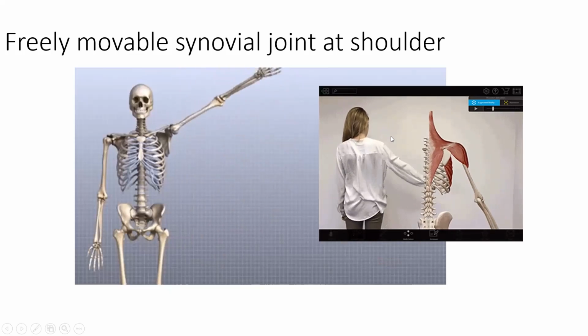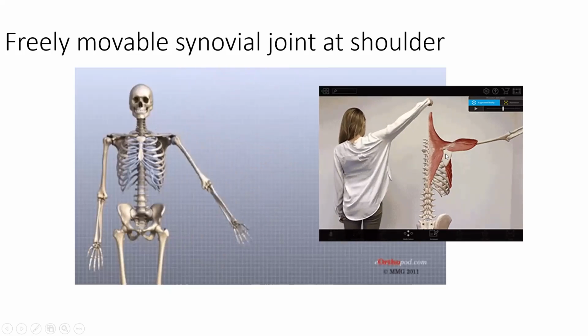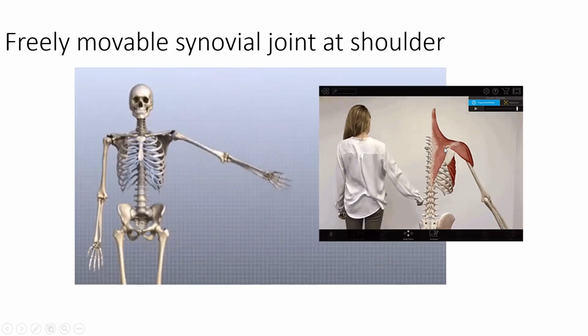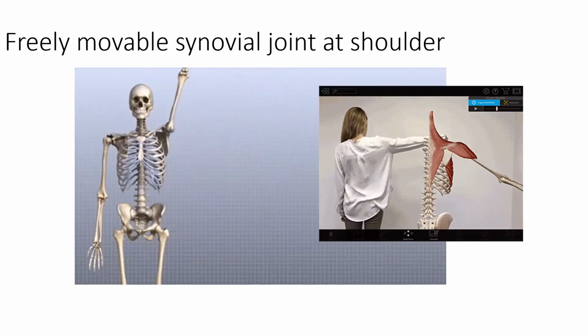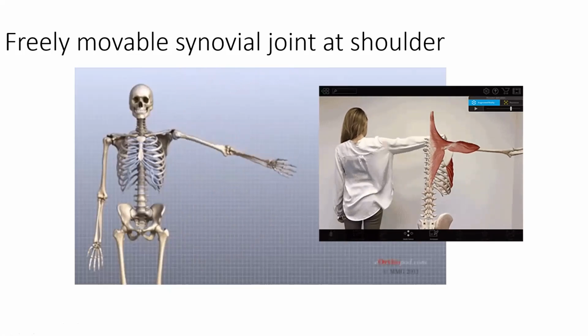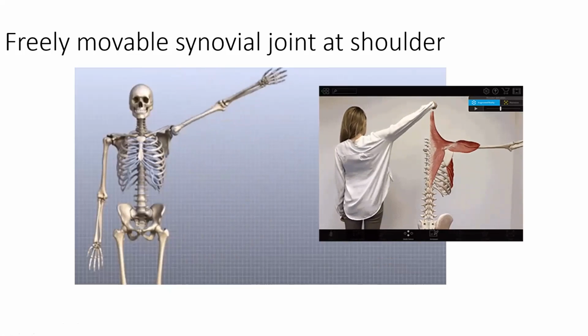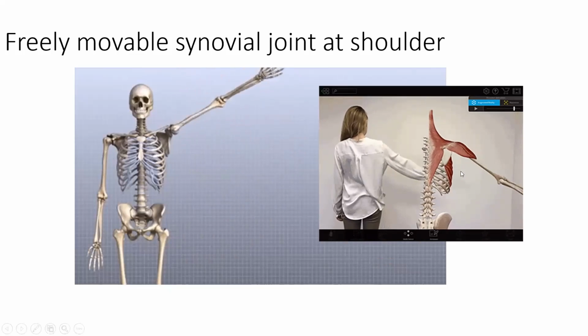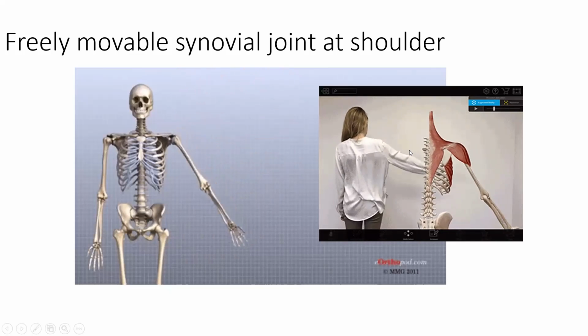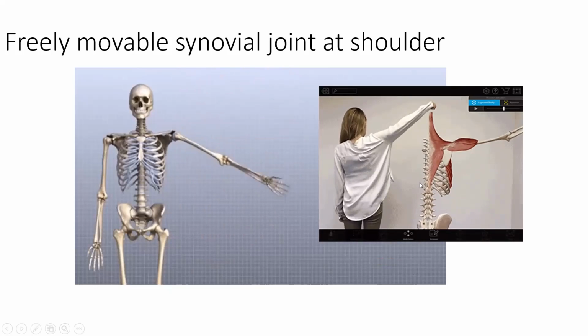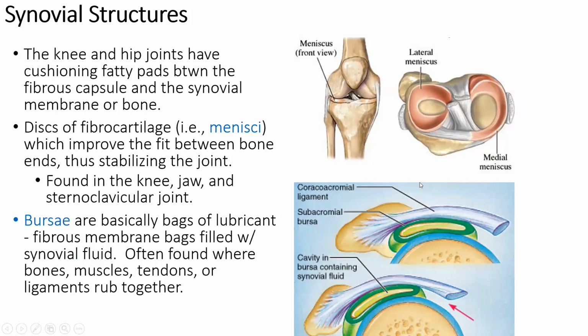You can see where the capsule is surrounding right here. And the synovial fluid is contained in there and lubricating that joint, so we have an extensive range of motion. So this is a freely movable synovial joint. Okay.